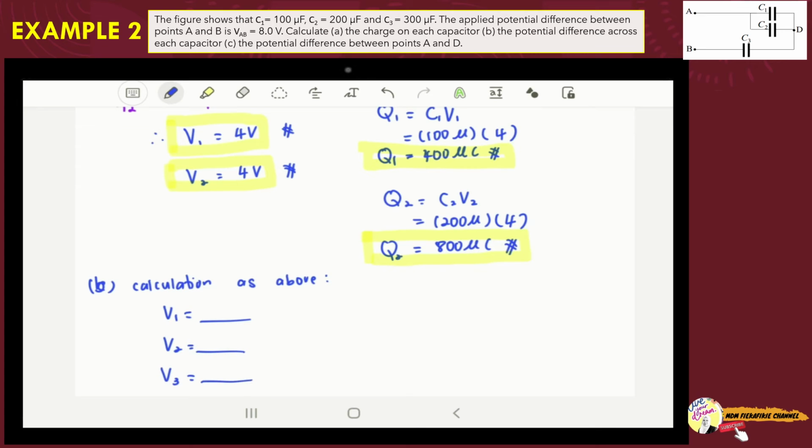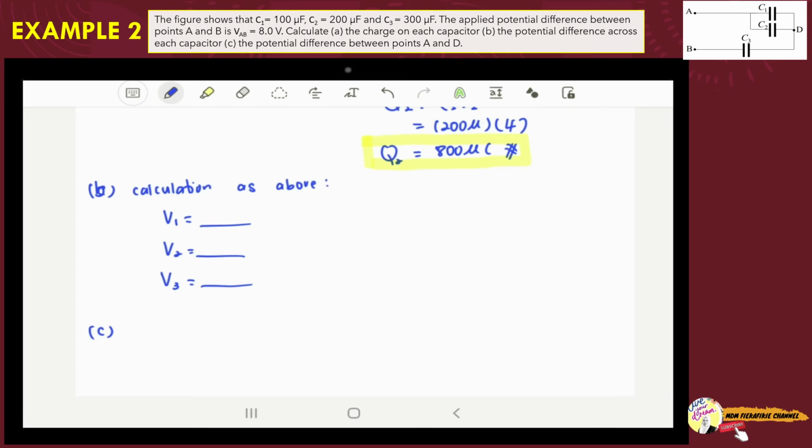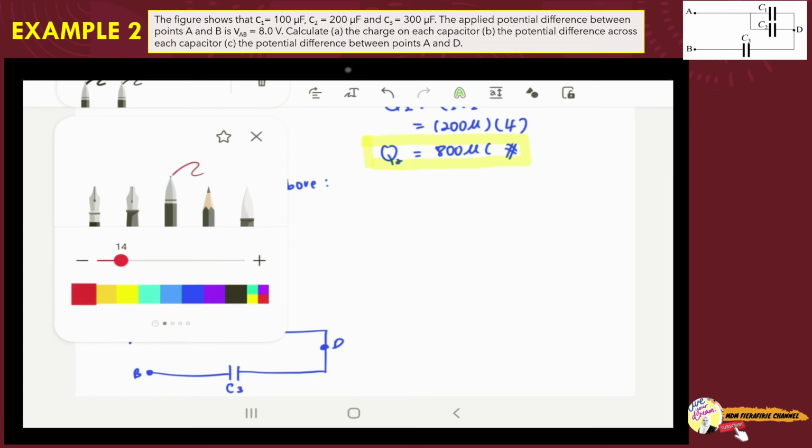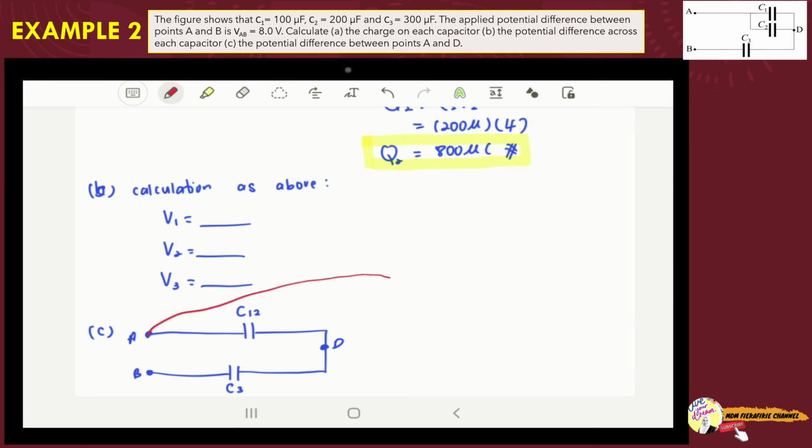Okay, like that. Okay, so for C, we want to calculate the potential difference between point A and D. Okay, so between point A and D, remember here, we have the combination C12, okay, A, B, and here D. Okay, so this is C3. So it means that if we take the voltmeter and connect here, so here is the voltmeter. Alright, so what is the value that we can read from the voltmeter here?